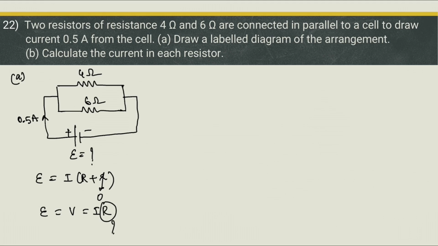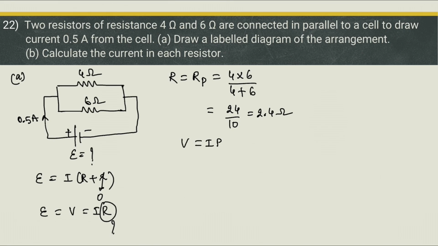What is R here? R is nothing but RP, and RP is 4 into 6 upon 4 plus 6, that is equal to 24 upon 10, 2.4 ohm. So now V is equal to IR, current is 0.5, into resistance 2.4. So voltage becomes 1.2 volt. Okay, so voltage of the battery is 1.2 volt.